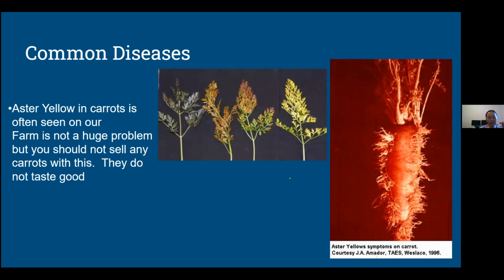It's not a huge problem on our farm, but if you do notice this, you don't want to sell any of your carrots with this because they don't have a good taste. We can go more into depth with this in a different class, but if you do notice aster yellow on your carrots, you do want to remove them so that it doesn't spread to your other carrots or your other aster plants.